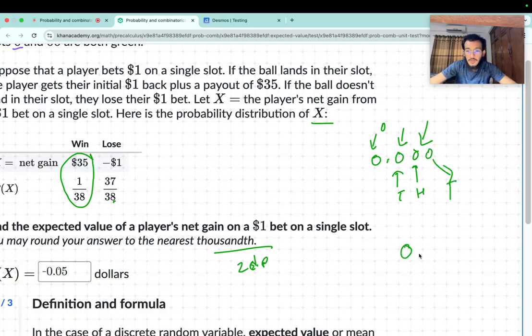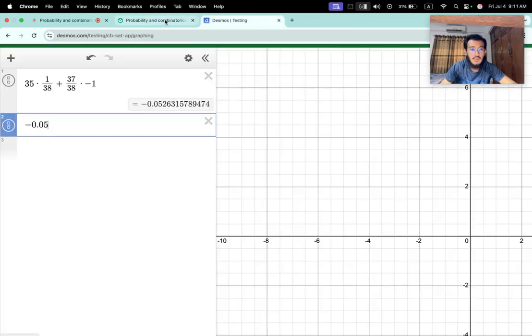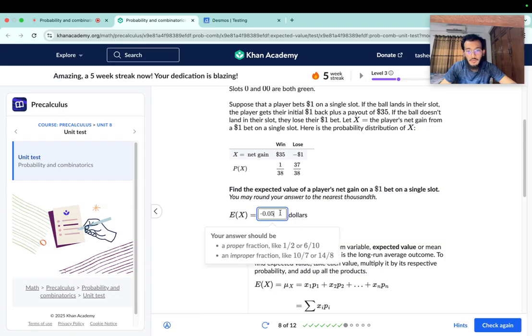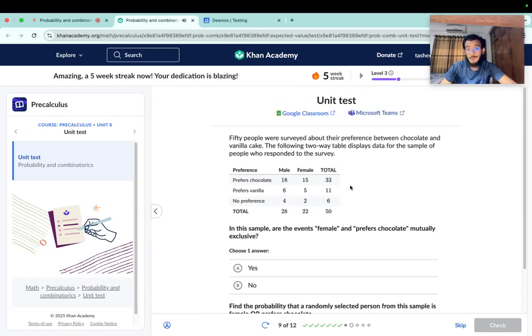In decimal places, you don't have any ones, so ones is followed by tenths, then hundredths, and then thousandths. So this thing goes to negative 0.053. There we go. Gotta be careful when reading the question. Sometimes silly mistakes happen.